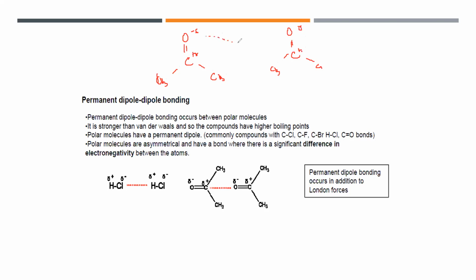There will be attraction between the partial negative and positive, and due to this attraction, we call that dipole force. There is also a dipole induced dipole force. For example, this carbon has a uniform distribution, so it has dipole induced dipole, but that is weaker compared to dipole force. Is it clear?